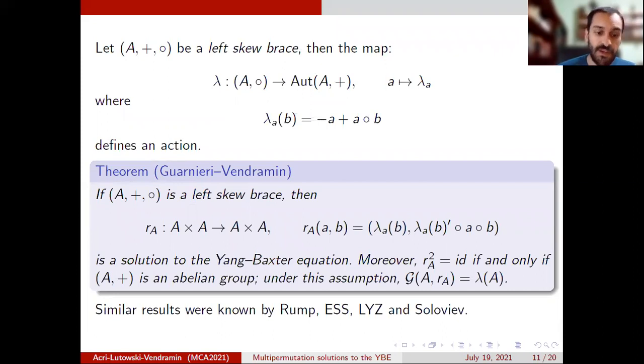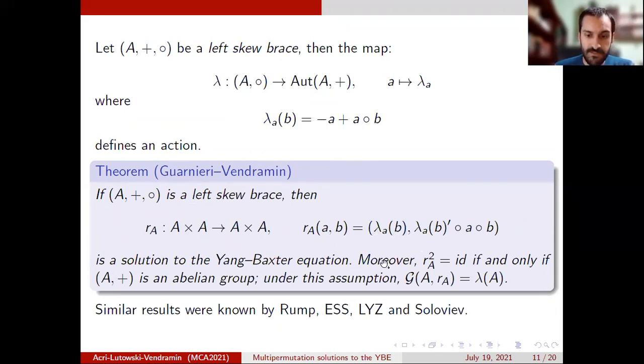An important theorem that relates skew braces to the Yang-Baxter equation is this one. For any skew brace, this map here is a solution to the Yang-Baxter equation, where this prime stands for the inverse under the circle operation.